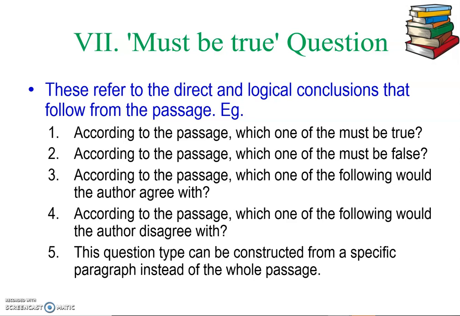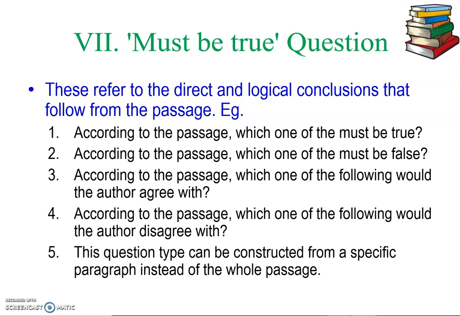The ways in which this question can be asked: according to the passage, which one must be true? According to the passage, which one must be false? It's not that he is always interested in the truth of the statement. It may also be the case that he checks the false aspect of the statement. The third way is: according to the passage, which one of the following would the author agree with?